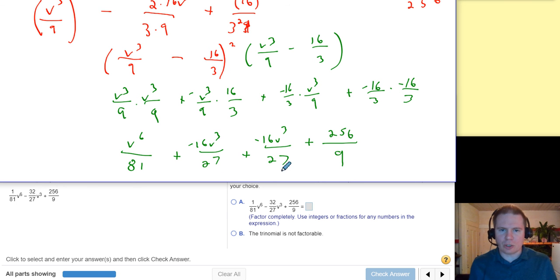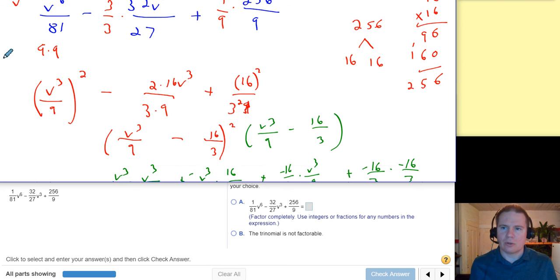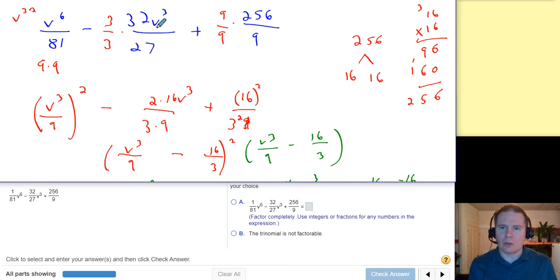Now these two terms have the same denominator, and they're both v to the third. They're like terms in terms of denominator, and they're like terms in terms of the variable. So negative 16 plus negative 16 is negative 32, and that is where we started.